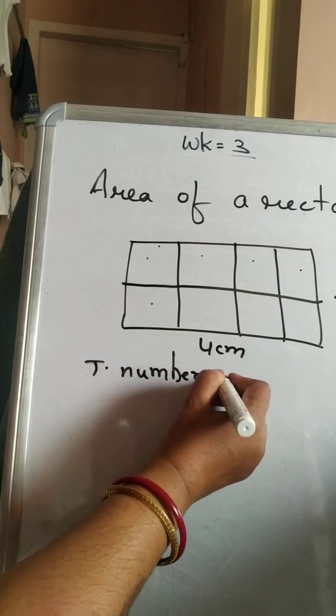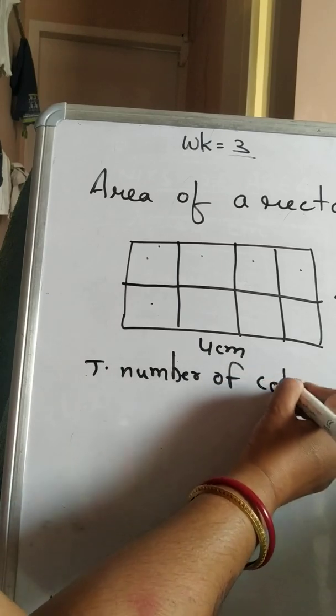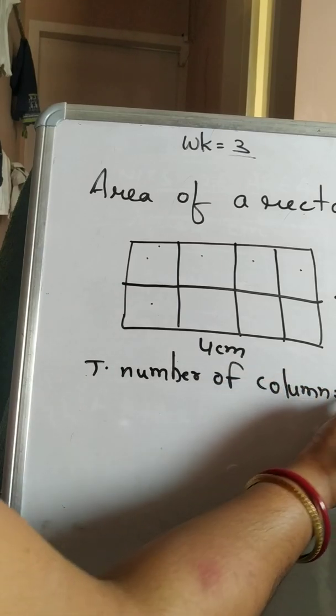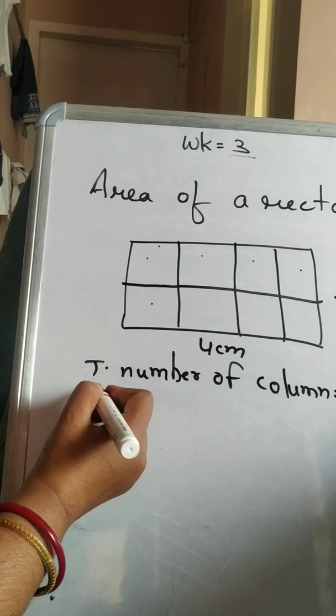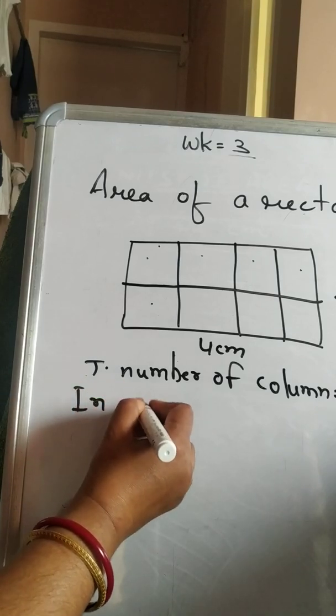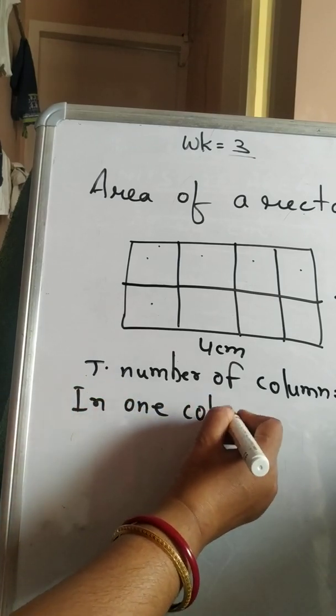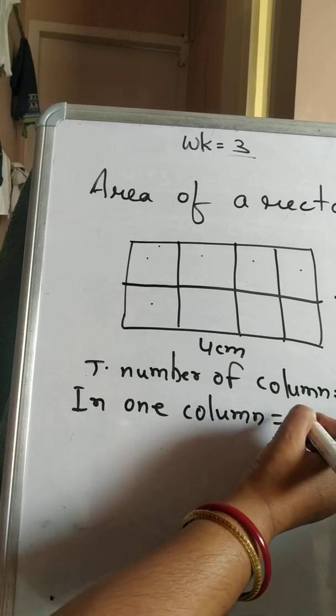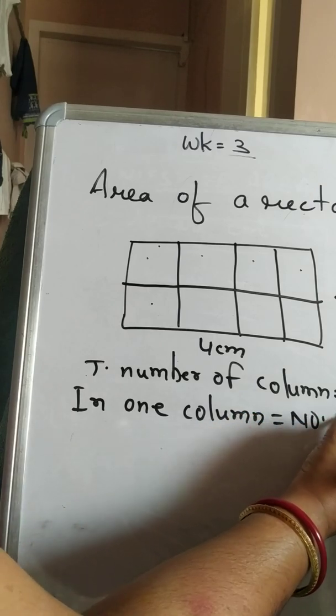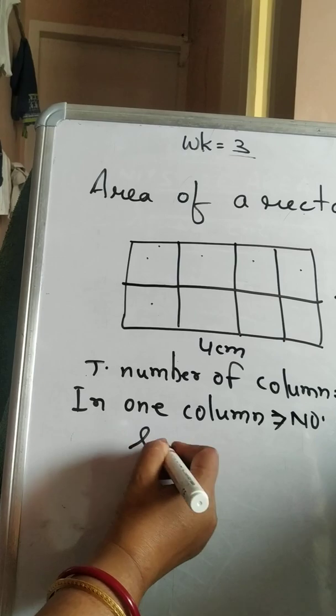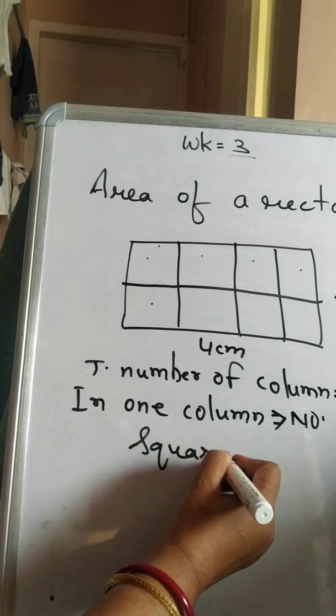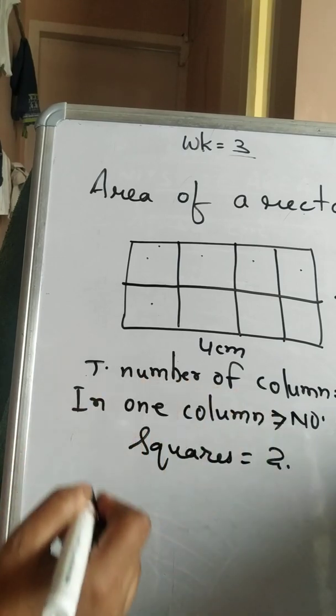So the total number of columns is 4, and the number of squares in one column is 2, right?